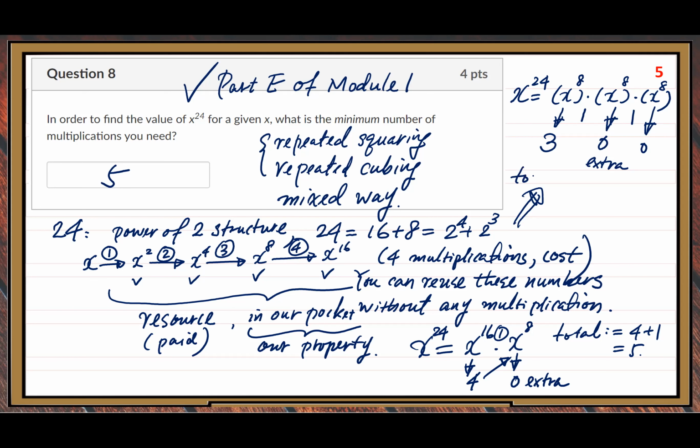So in this way, the total is also 3 plus 1 plus 1 equals 5. So the answer is 5 with 2 different ways. We get the same answer.